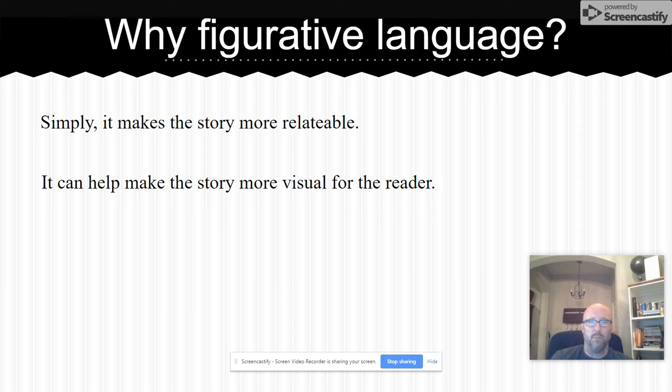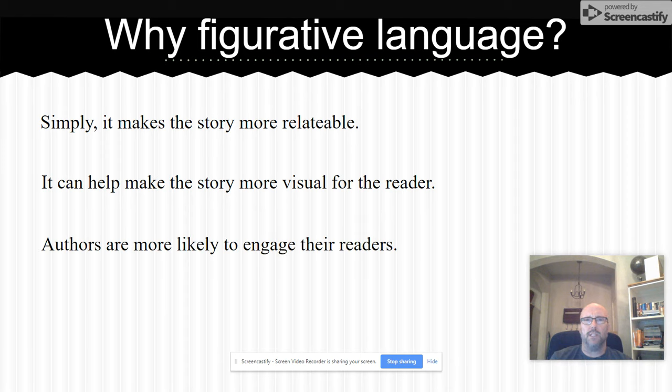I've talked to you guys before about how when I read books, I don't see what's around me. I'm actually in the story. I just have that kind of imagination. And especially when I have a good author that can really bring me into the story, they'll do that. Authors are more likely to engage their readers. Let's be truthful. Authors are in the business of telling a story, yes, but also selling books.